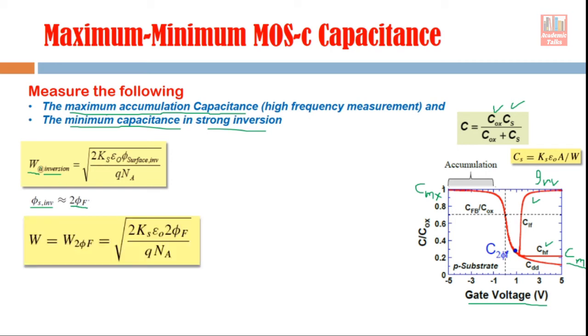So the equation for W, the depletion region width in the semiconductor when we are in the inversion region, will be given by this equation. What we have done is replace the surface potential by 2 times the Fermi potential. Now, with the help of this equation and this equation, these two equations, you have to proceed.